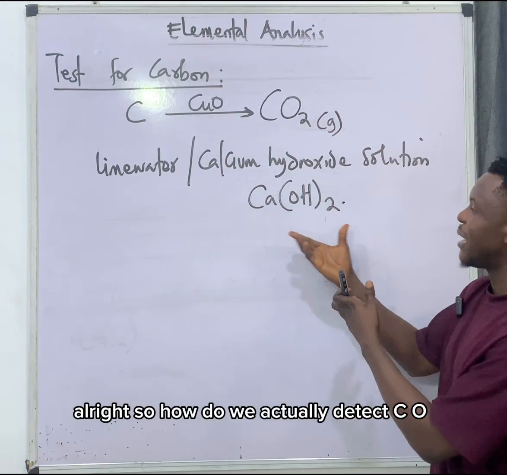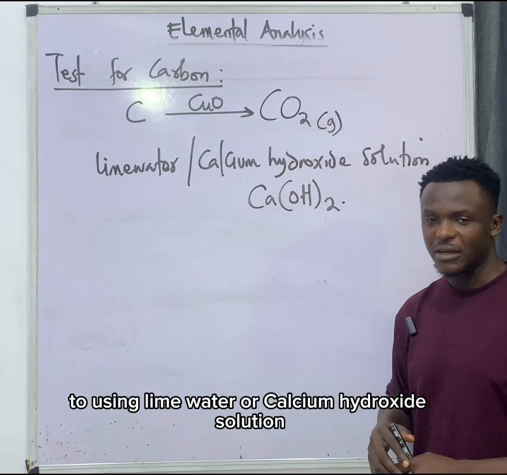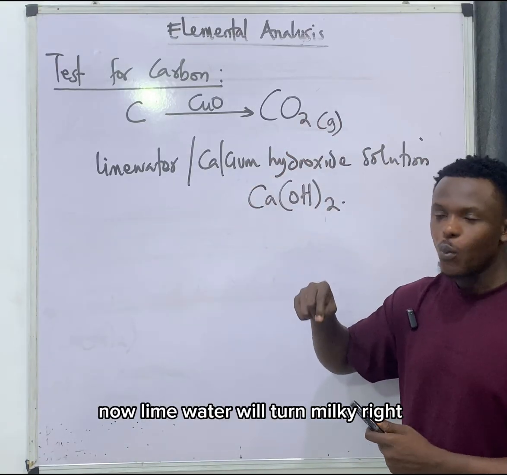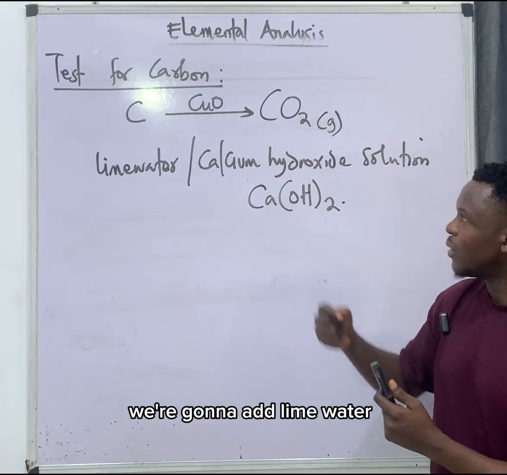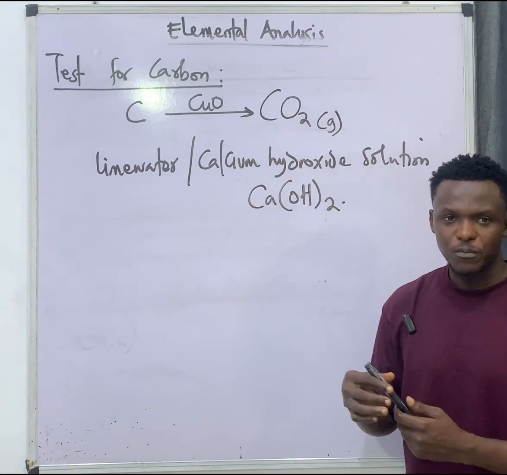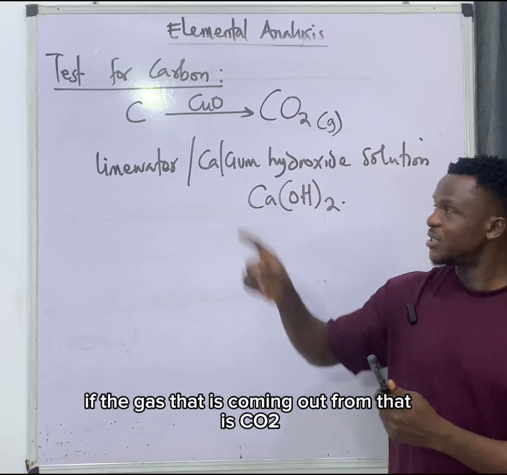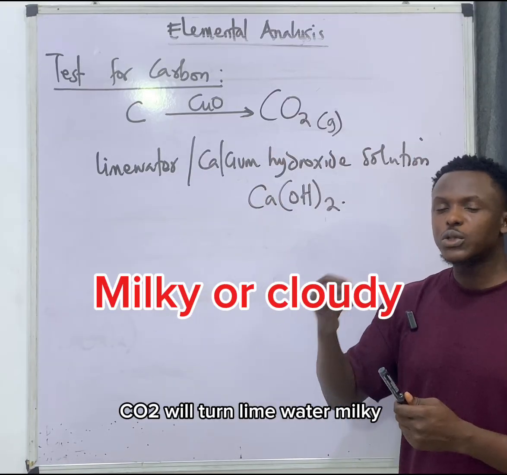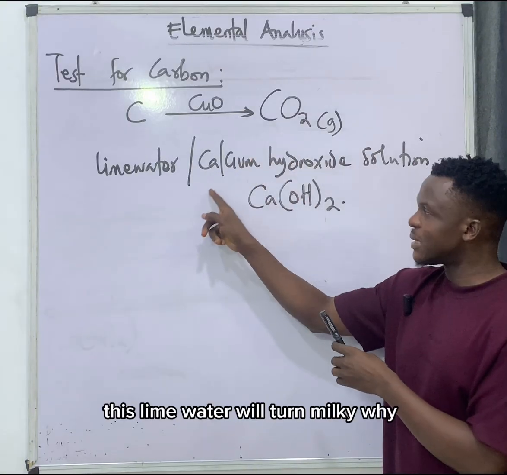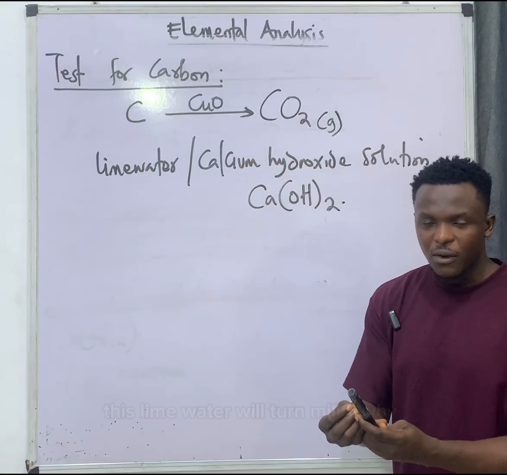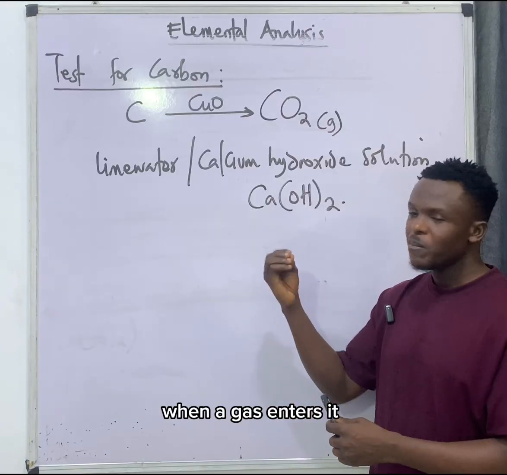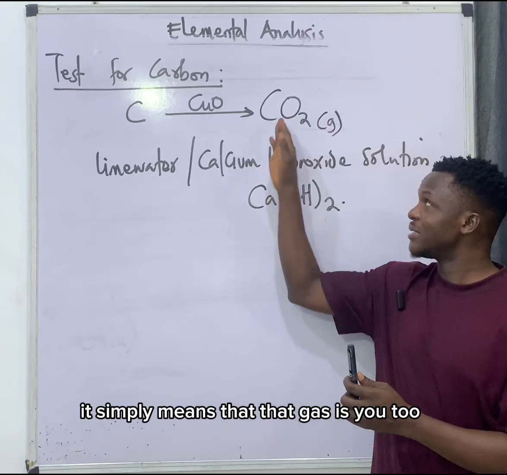So how do we detect CO2 using lime water or calcium hydroxide solution? Lime water will turn milky. The gas is made to go through lime water. If the gas coming out is CO2, it will turn lime water milky. Once you see lime water turning milky when a gas enters it, it simply means that gas is CO2.